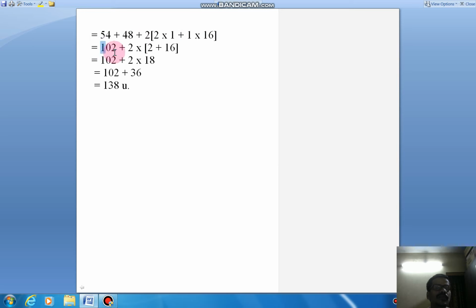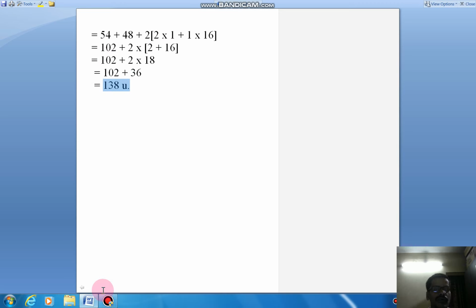So 2 into 27 is 54, 3 into 16 is 48, so that is 102, plus 2 into 2 plus 16, which is 2 into 18, that is 36. So 102 plus 36 is 138 U.